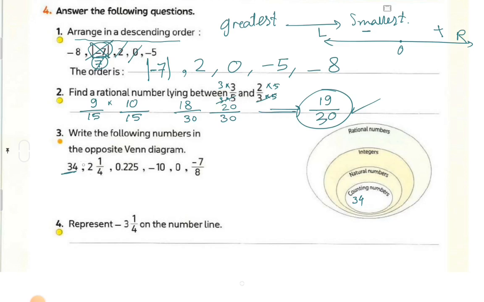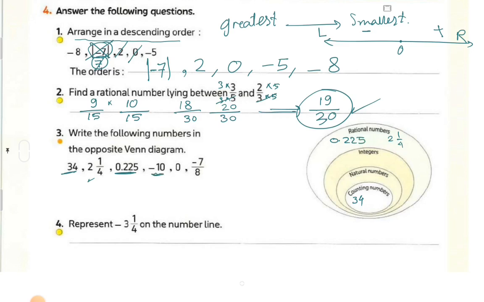If it's 2 it may be counting or natural or integer, but we have a fraction here. A fraction, you just write it as a rational number. Now we have a decimal number. It's just a rational number.